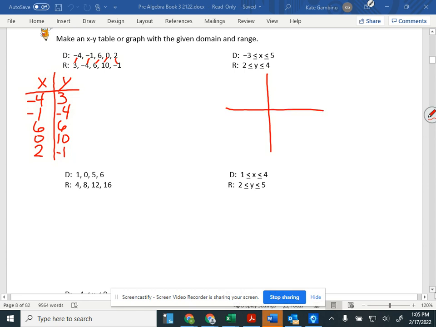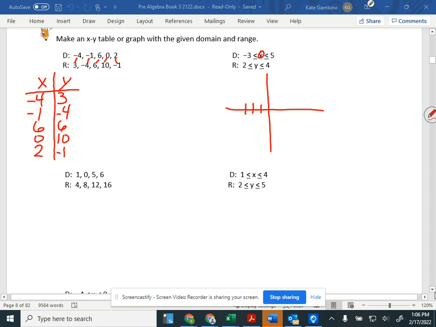So let's look at how we would graph that. If my domain is -3 is the smallest, so -3 is less than or equal to x. So on that x line, where do I want to start? Maddie? Oh, wait, no, -3. -3.